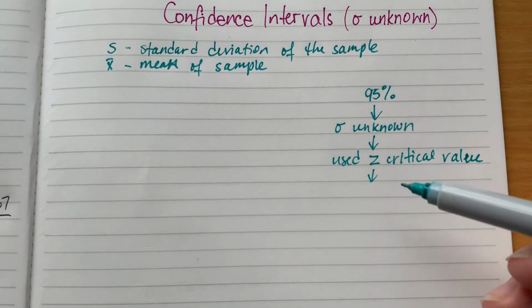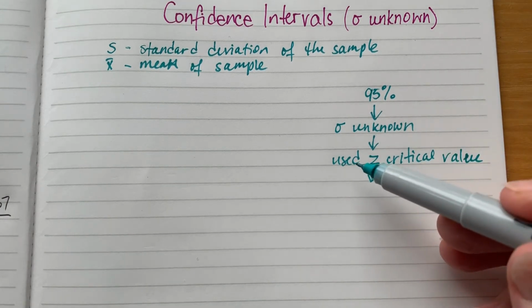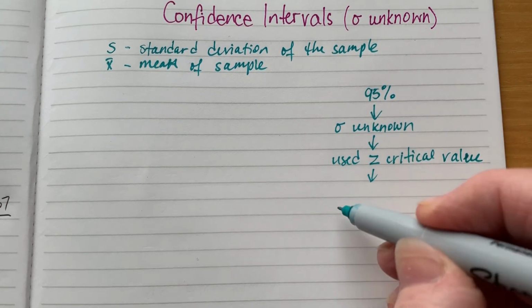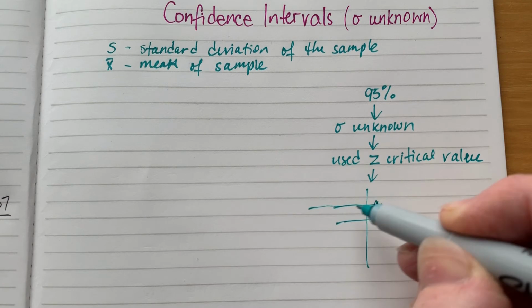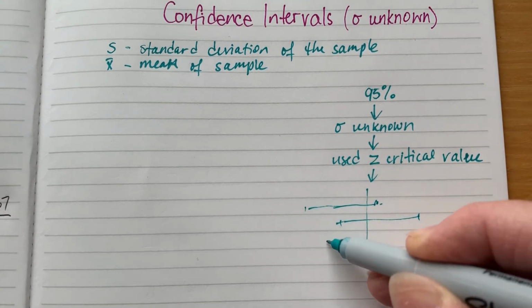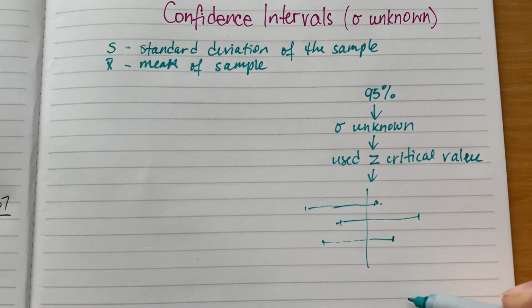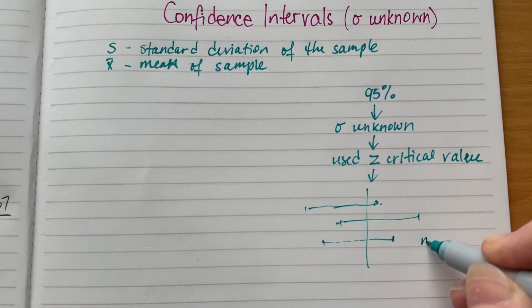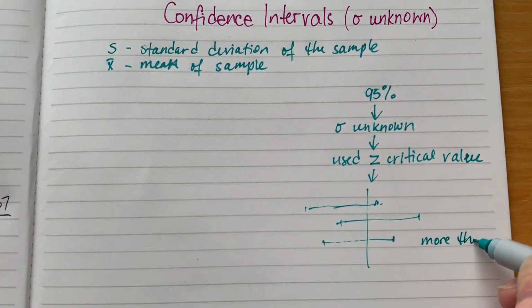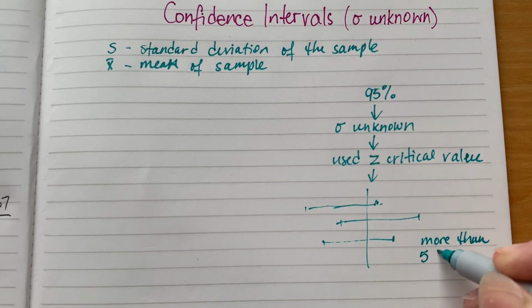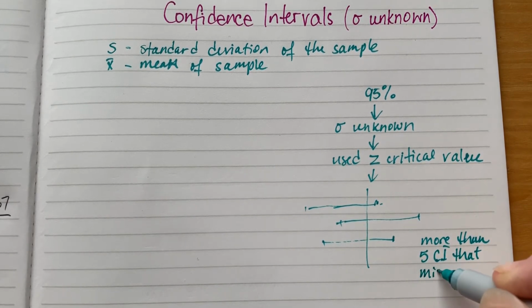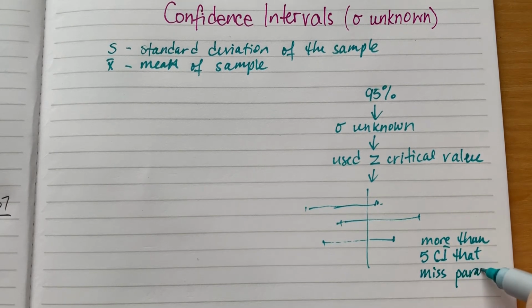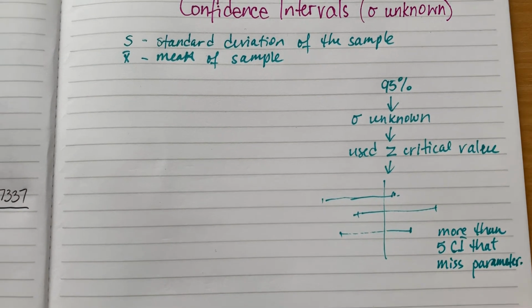So if I am trying to estimate my mean, and I made 100 of these confidence intervals, I would have more than five confidence intervals that miss my parameter of the population. And that is not something that we want to happen.